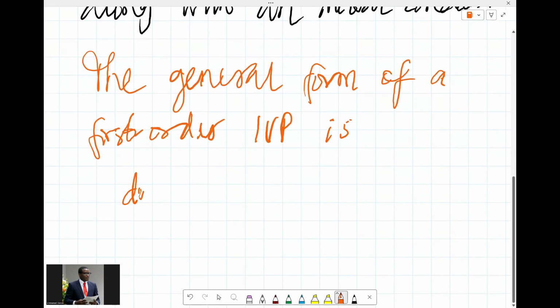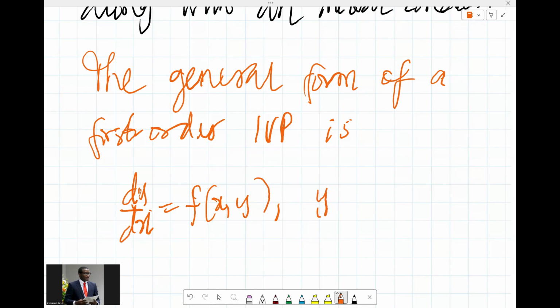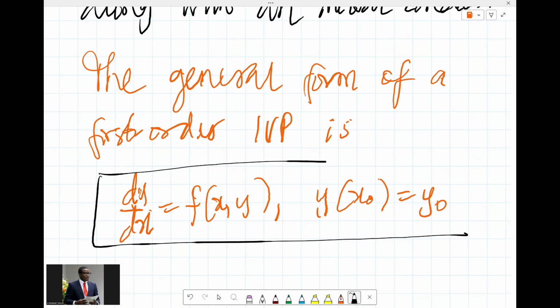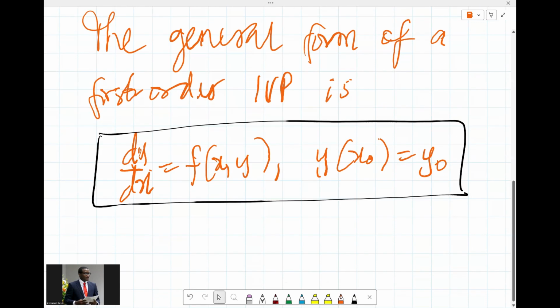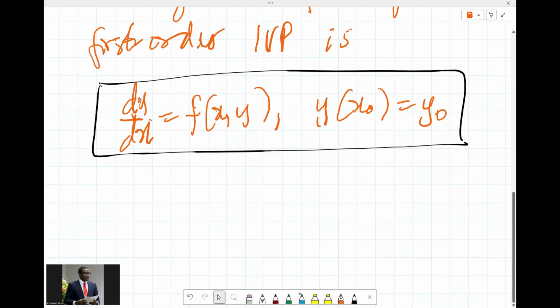You have dy/dx equals f of x comma y, and then you have the initial condition attached: y of x naught equals y naught. This is first order because the derivative is of order one. If you have d squared y dx squared, that'll be order two, right? So an IVP has these two parts.